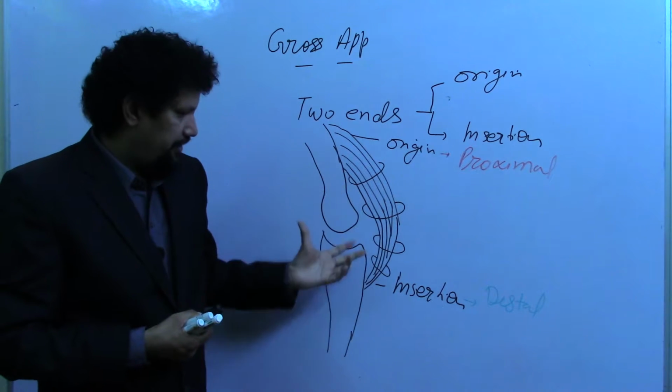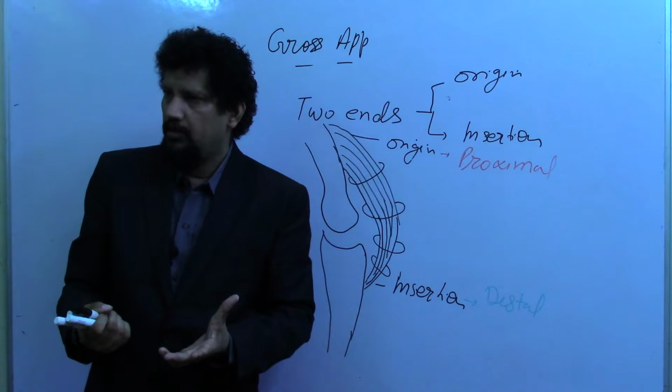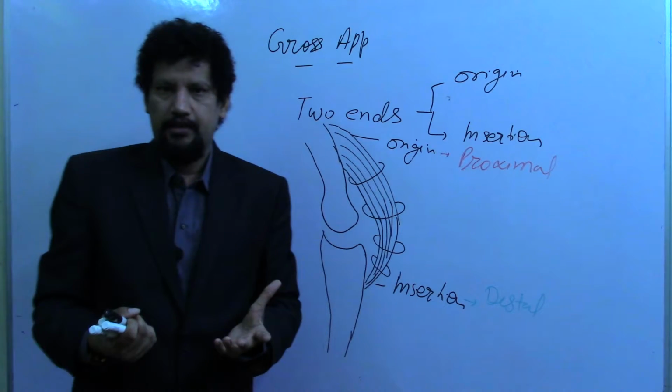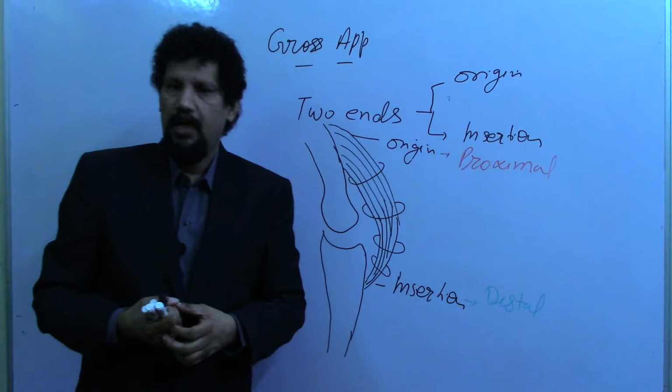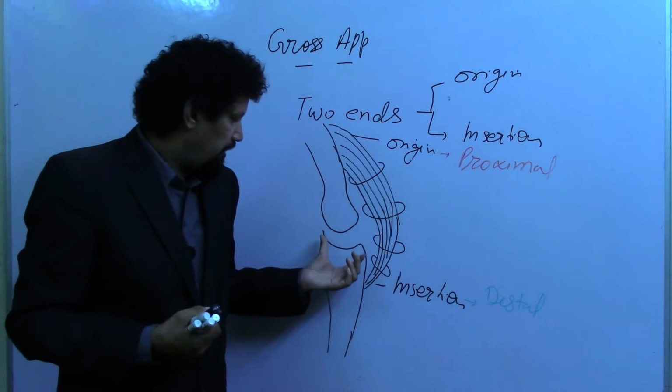After crossing the joint, as you all know, hopefully you all know, the skeletal muscles are attached to two or more bones and acting on the joint.